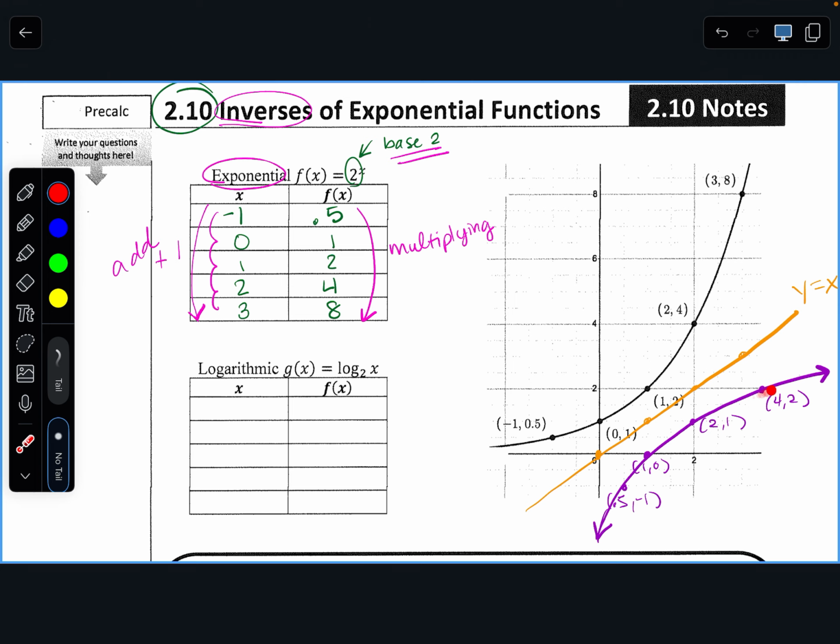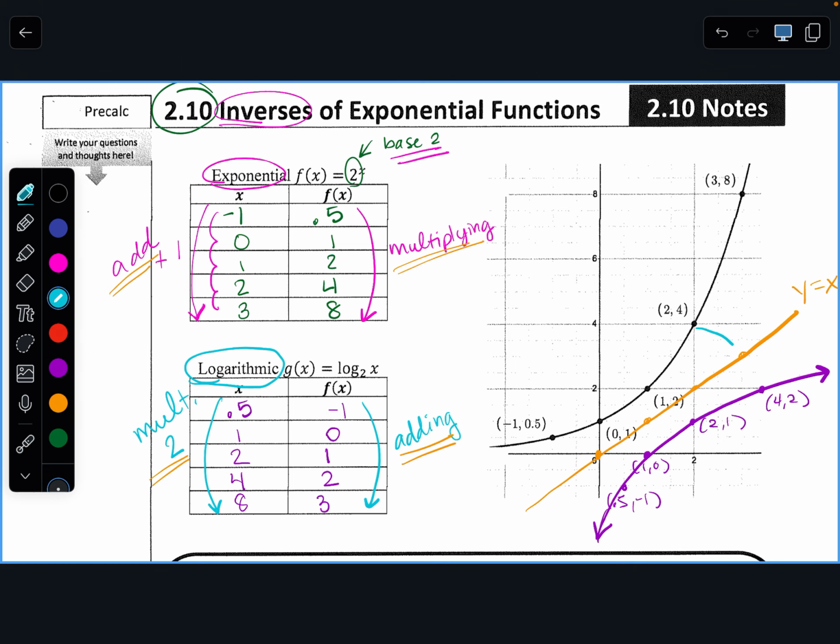So you can see that they're opposites. Exponential is adding the x's, multiplying the y's. Logarithmic is multiplying the x's but adding the y values. We can also see that these two reflect their points onto each other because they are inverses of each other.